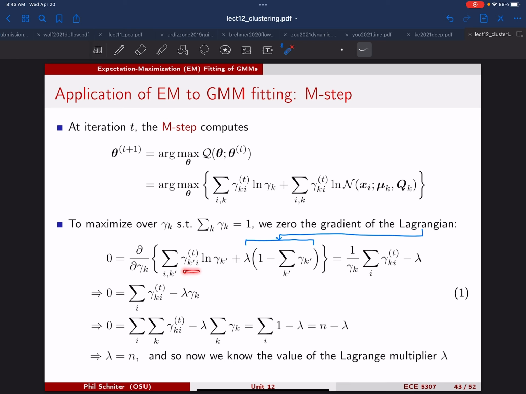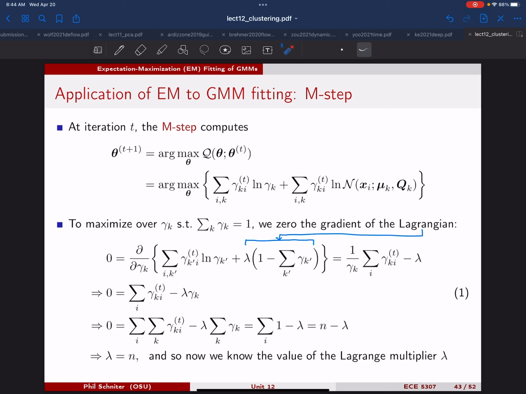We'll have this, but only with k where k prime was. And then this turns into 1 over gamma k. And then over here, this term goes away when I take this derivative. One of the terms in the sum stays alive. It's just gamma k, and when I take the derivative of gamma k, it just turns into a 1. So finally, we just get this.